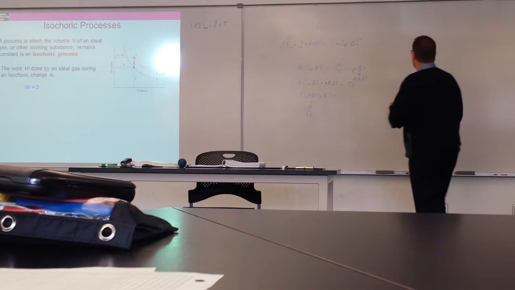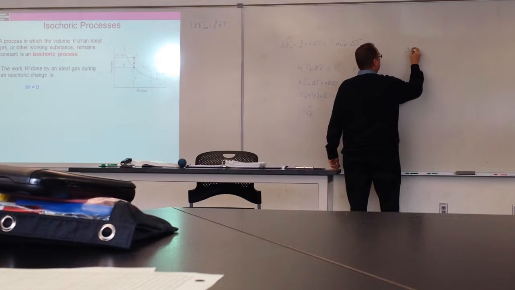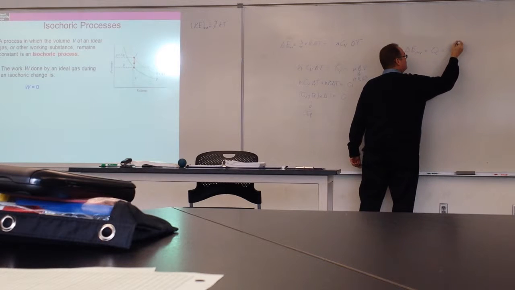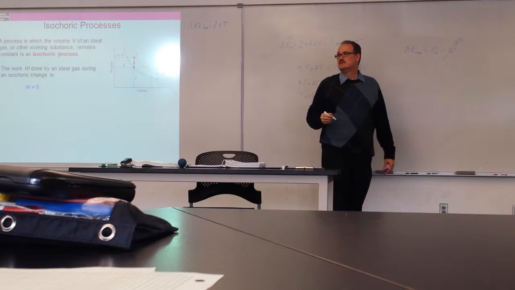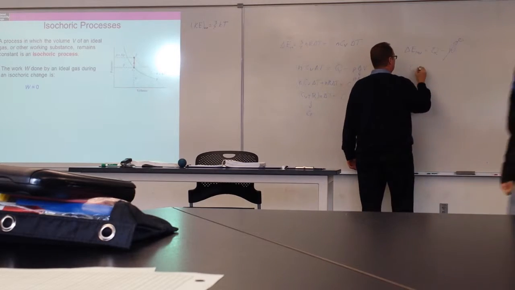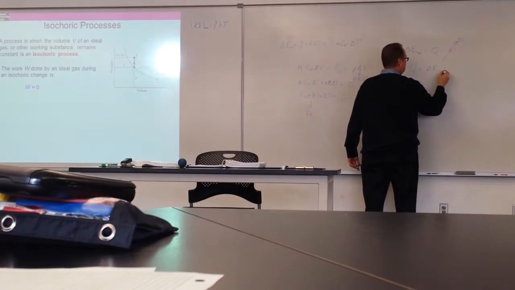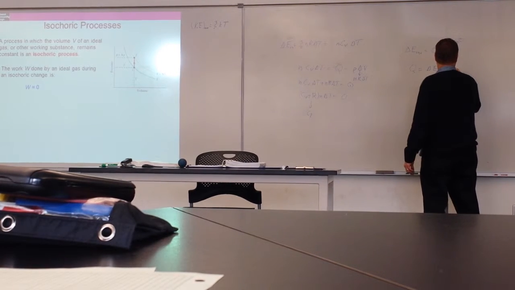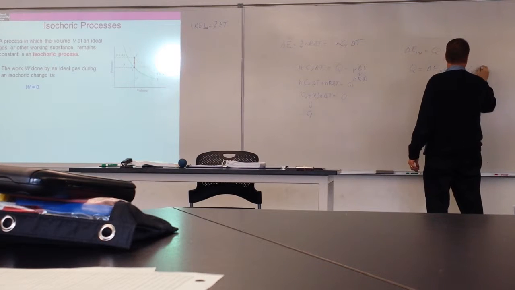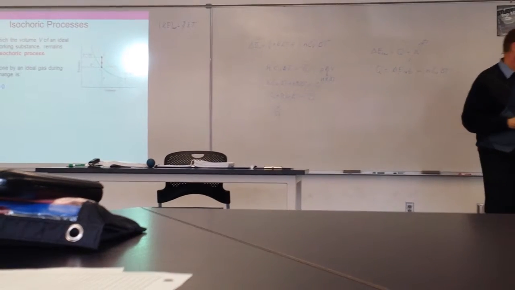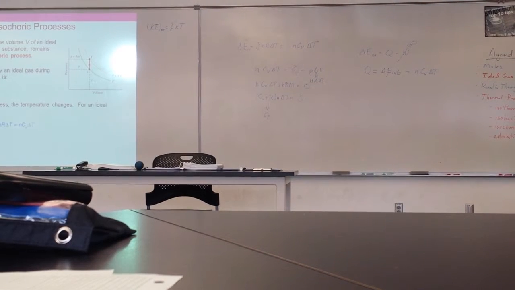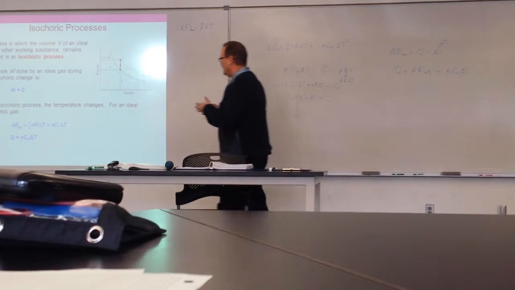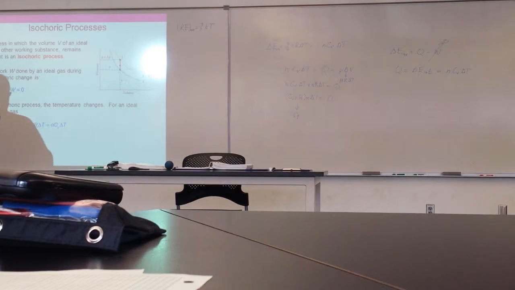Okay, so then by the first law of thermodynamics, delta E internal equals Q minus W. If this is 0, then Q equals delta E internal. But for an ideal gas, we've just shown that delta E internal is equal to nCV delta T. And this really shouldn't be shocking.